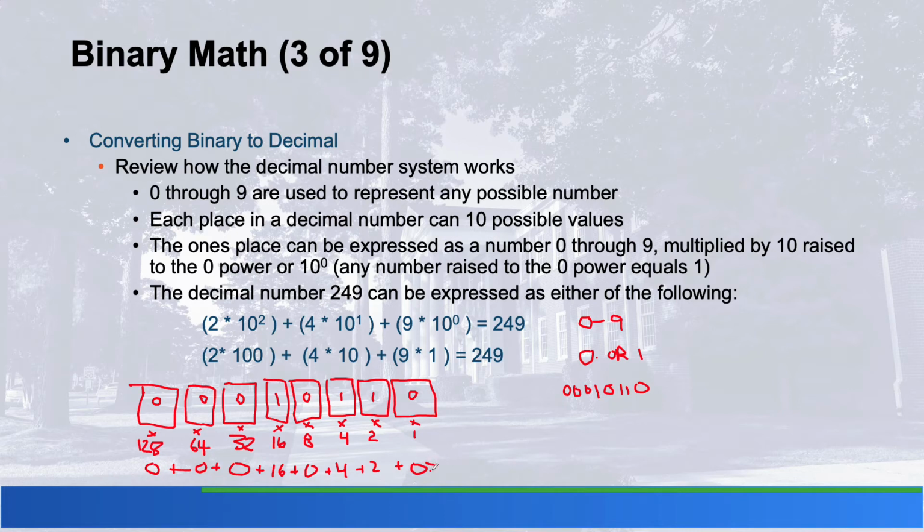I add all these numbers together. 16 plus 4 is 20, plus 2 is 22. So the decimal equivalent of this number right here is 22. That is how you convert binary to decimal. You figure out the place values of the number, and then you just multiply the places where you have a 1 times its place value. So it's pretty easy. It's not complicated. So we need to be able to convert binary to decimal. That's one of the things we need to be able to do.